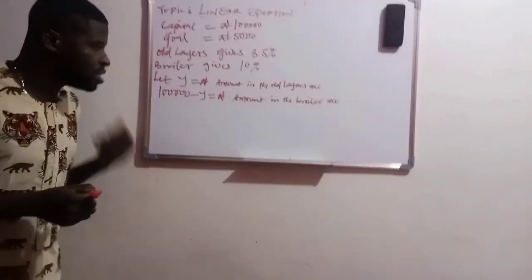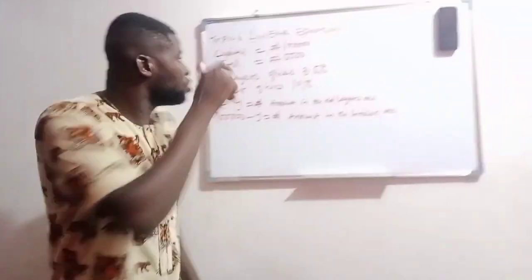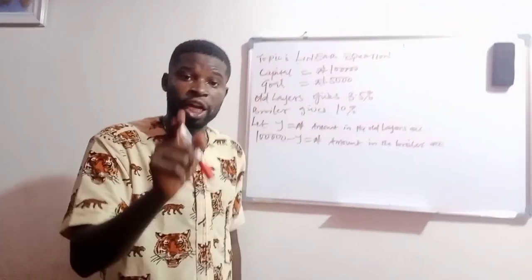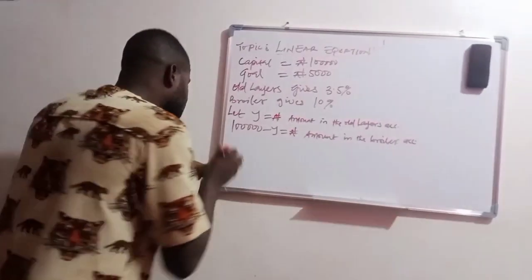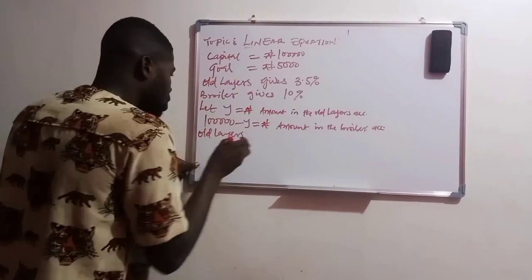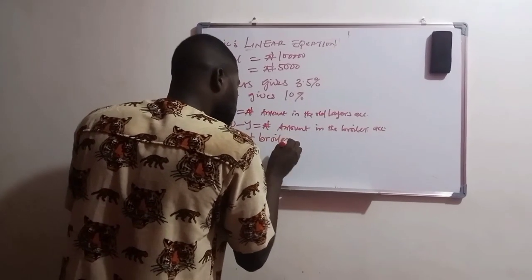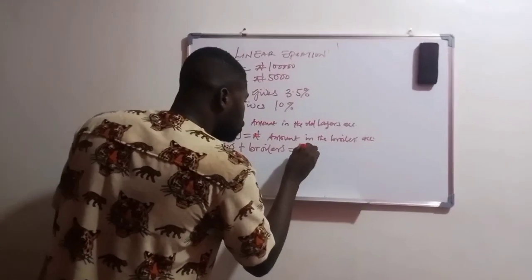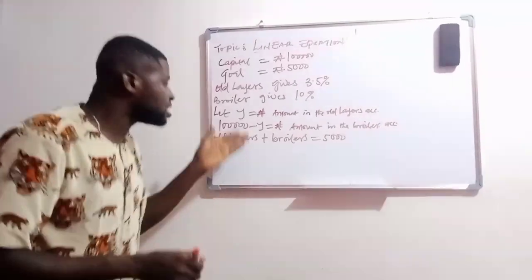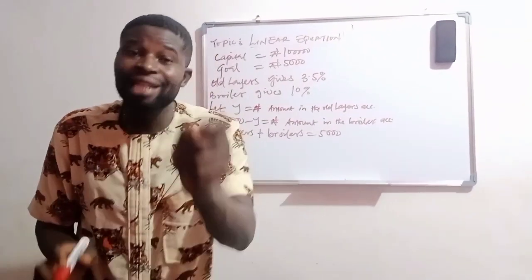So now, from this, what is our expectation? Our expectation is to make the gain of 5,000 naira daily. Don't forget, it's very, very important. Now, you say old layers plus broilers is equal to 5,000, because it is the summation of old layers and broilers that is expected to give us 5,000 naira daily.